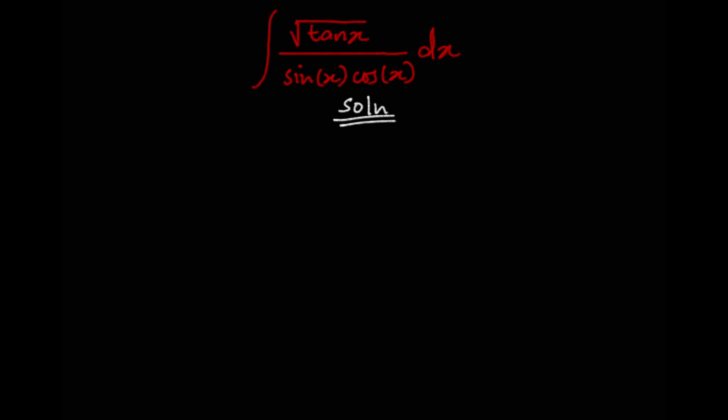Now in this question, the first thing to do is to rewrite some terms using our trigonometric identities. Now from this question, this term here, let me write it separately: 1 over sine x multiplied by cosine x.